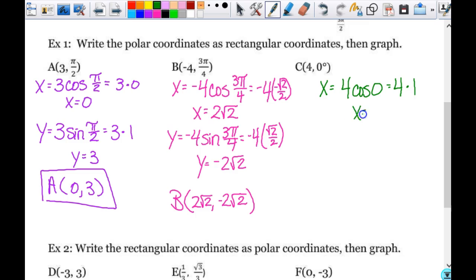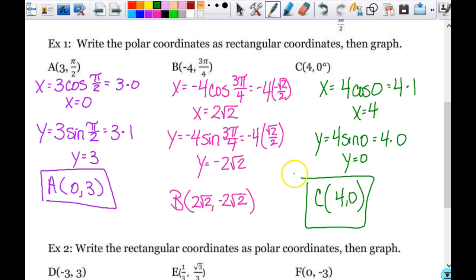So x is 4. Then y is 4 sine of 0, so that's 4 times 0. So y equals 0. So point C is at 4, 0. Well, that looks very much like the polar form, doesn't it? Now we're going to graph these.